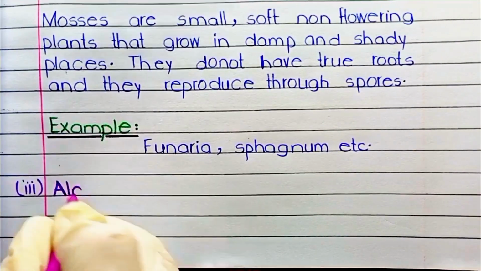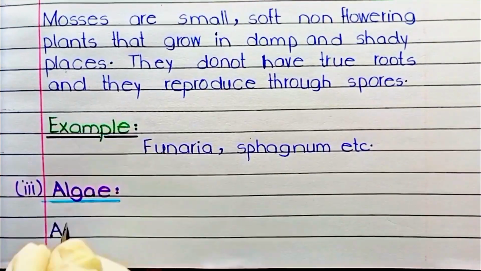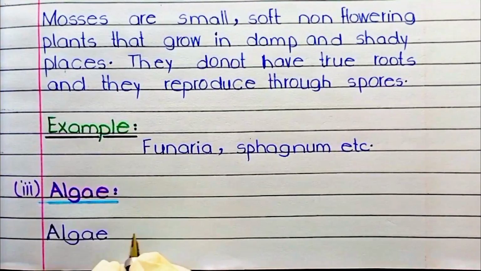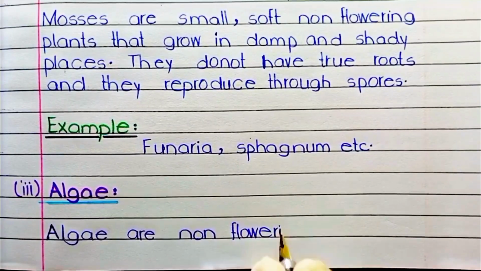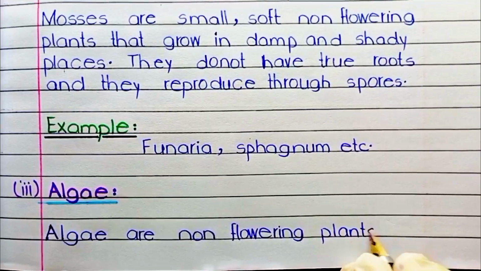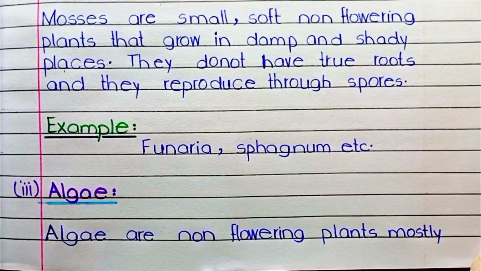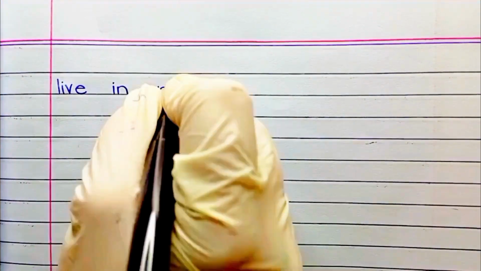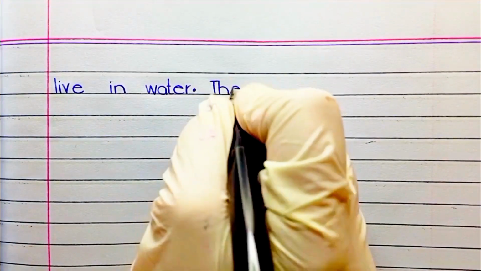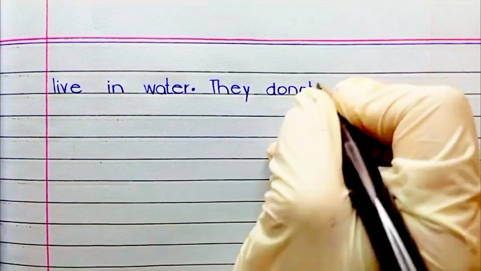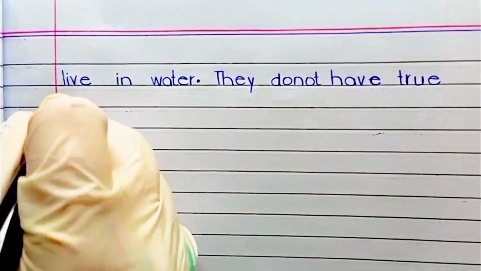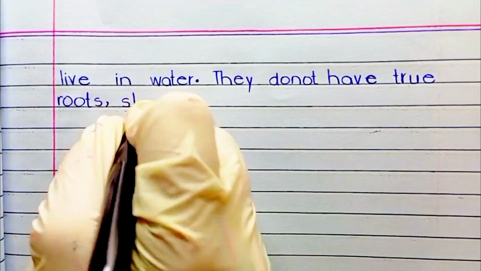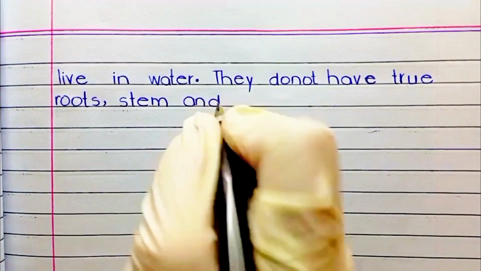Third is algae. Algae are non-flowering plants mostly live in water. They do not have true roots, stem, and leaves.